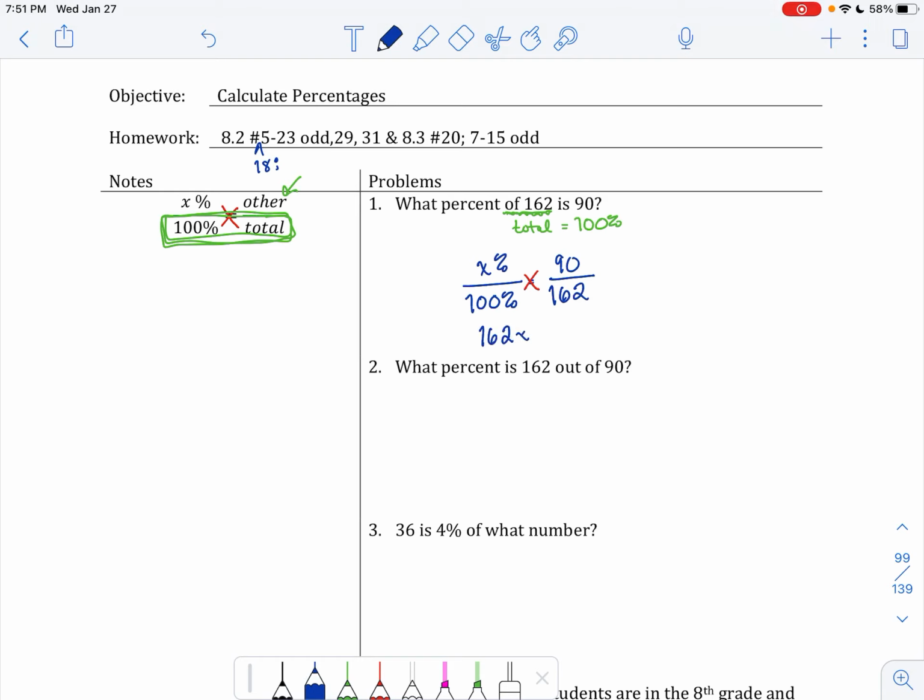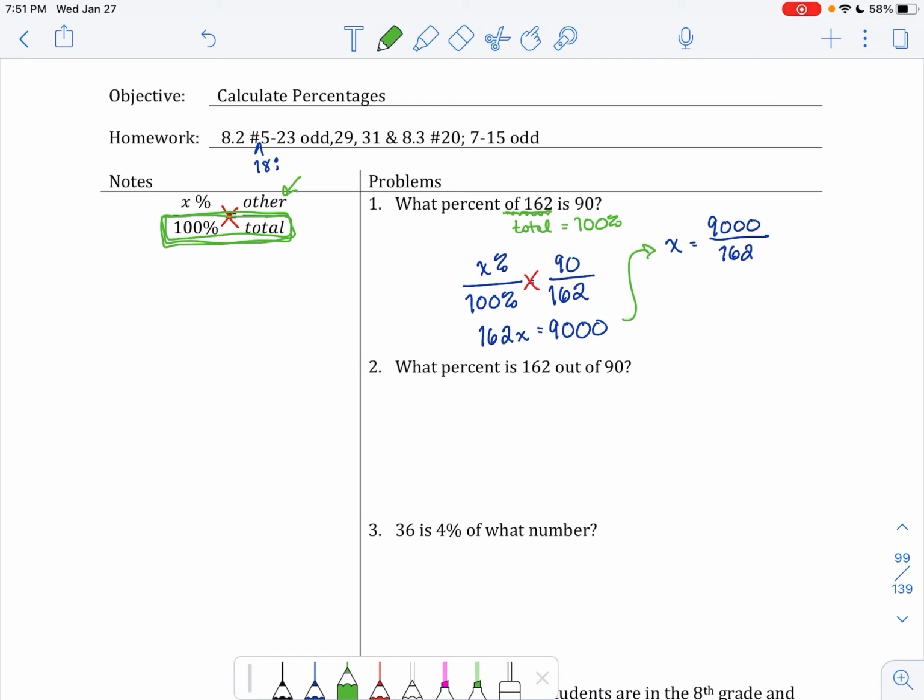And so I get 162 times x is equal to 90 times 100, so 90 and then 2 more zeros. Divide both sides by 162. So I'm going to bring it up here and say x is equal to 9,000 over 162.